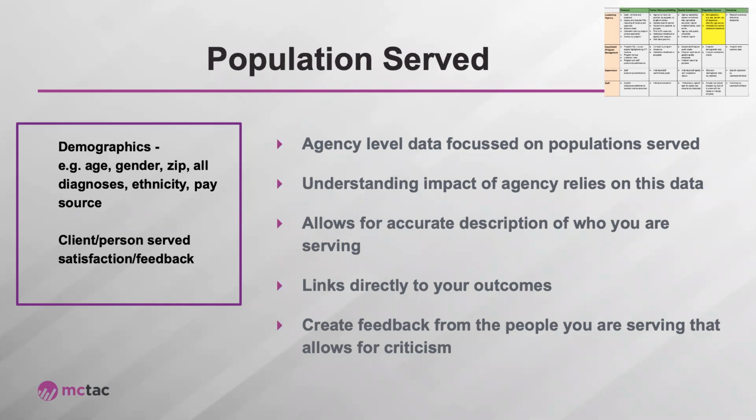Client, person served satisfaction feedback is important, but it's important to remember that this needs to be done in a way that allows for criticism. It's important to understand and take feedback that is very positive with a pinch of salt, because I think a lot of research shows that people report very positively about the services they receive, and this unfortunately is a lot to do with trust between the people who receive services and the agency itself.